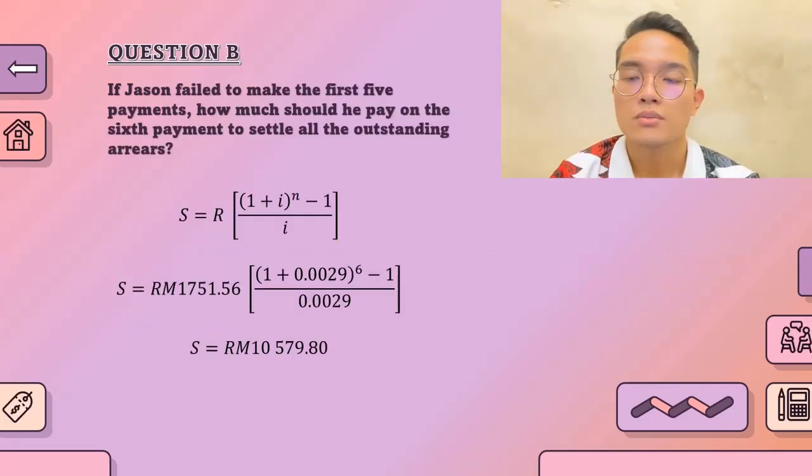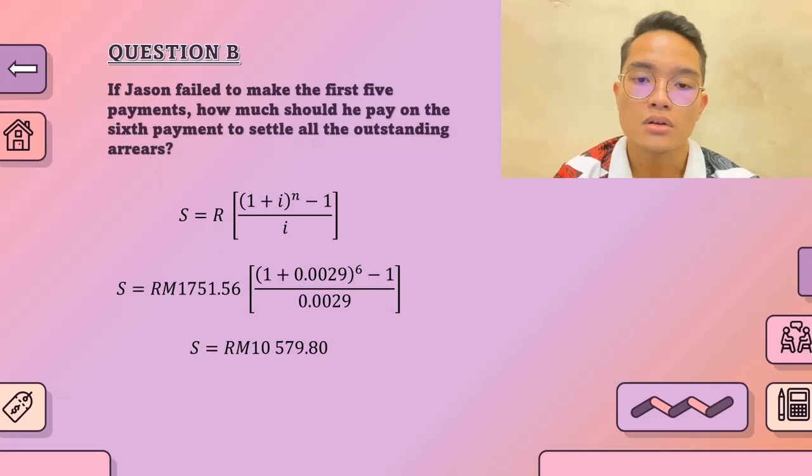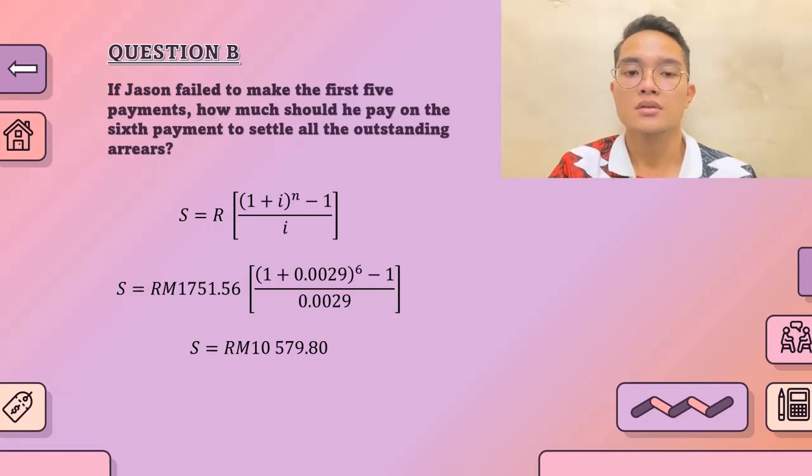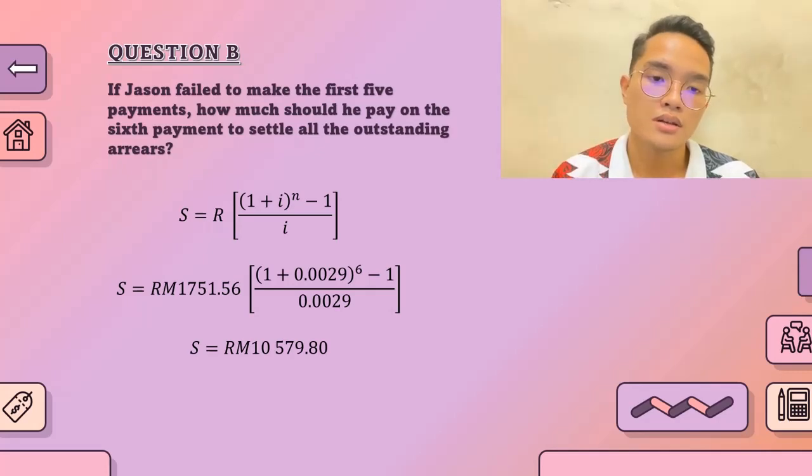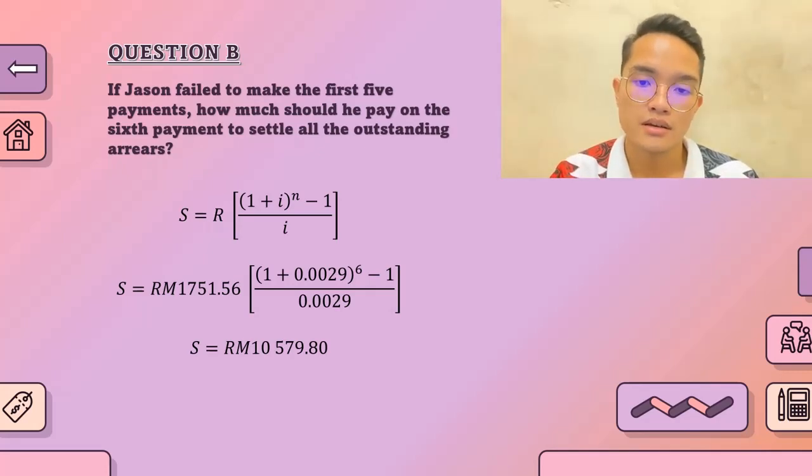So let's move on to question B. If Jason failed to make the first 5 payments, how much should he pay in the 6th payment to settle all the outstanding arrears? For this question, we want to find S, because the key point is to settle all the outstanding arrears, meaning that we want to find the total of all the payments he has missed.